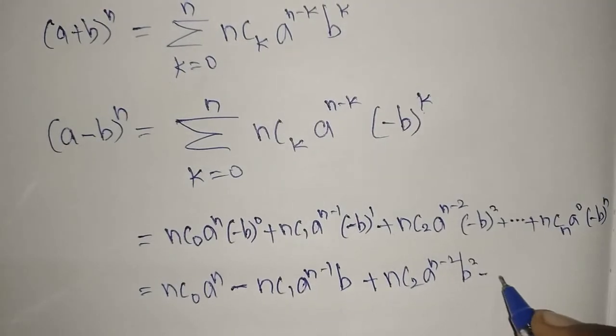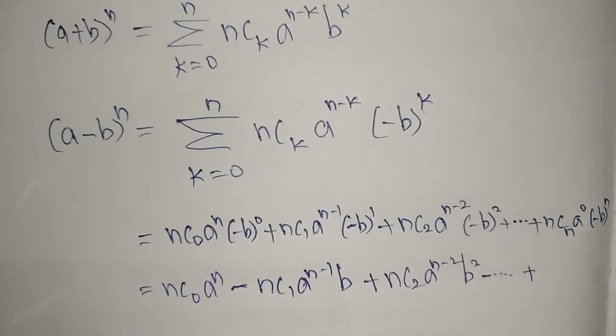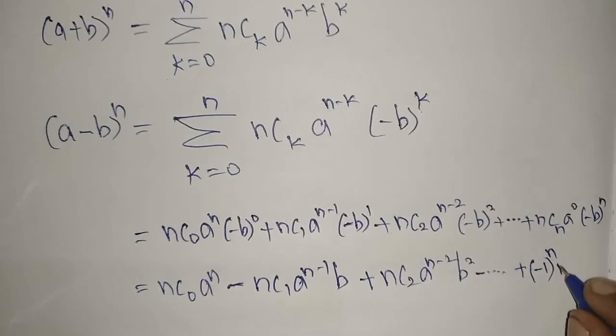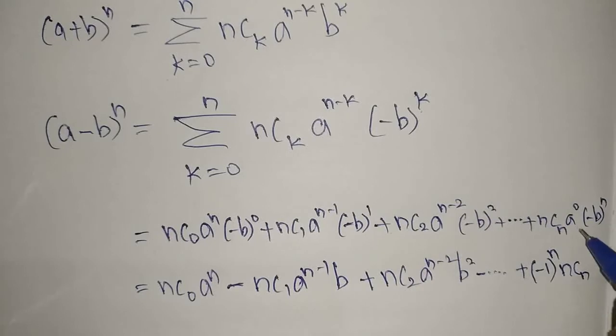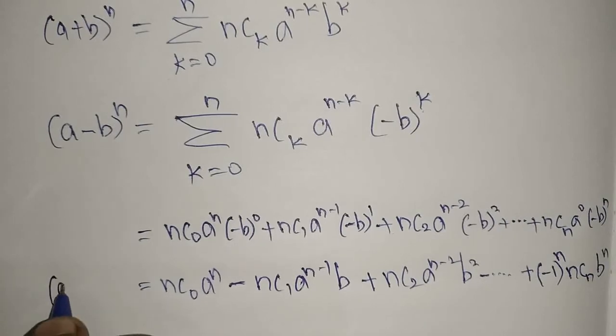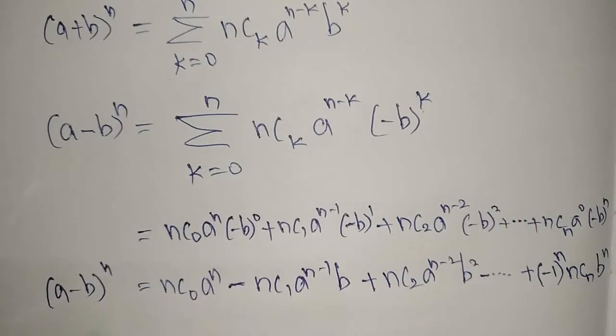Next you will get negative, and so on. Plus here we have (-b) whole power n, and n I don't know, so I'm giving (-1) whole power n, so nCn a^0, leave it, that is 1, and b^n. That is the formula for (a - b) whole power n.